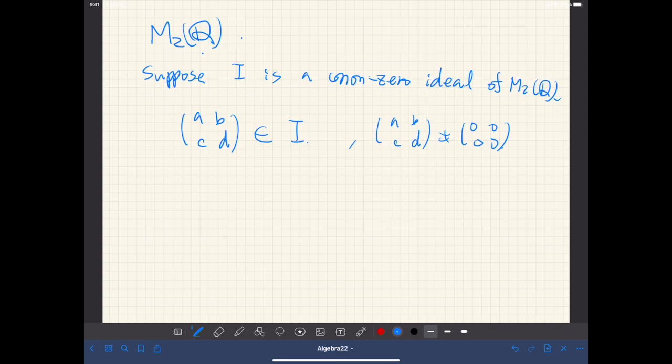Okay, so at least one of A, B, C, D is not zero. For the sake of argument, suppose A is not equal to zero.